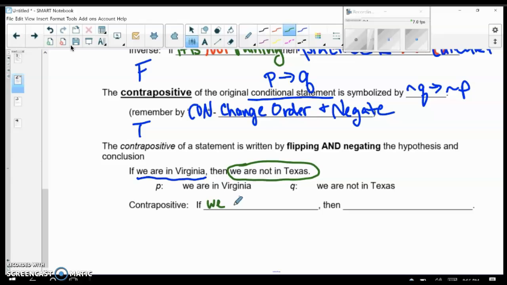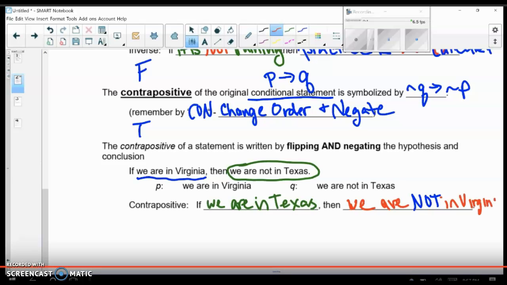So if we are in Texas, because remember we're negating it, so we're taking away that not, then we are not in Virginia. Again, negating it. We are not in VA.